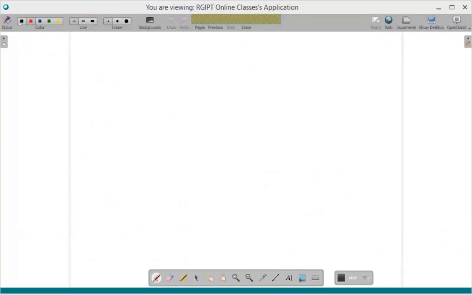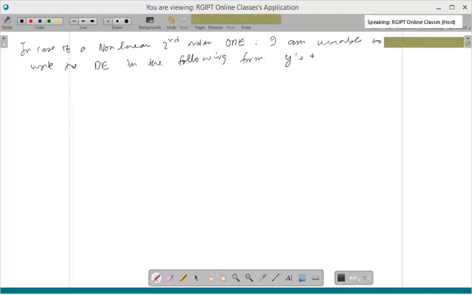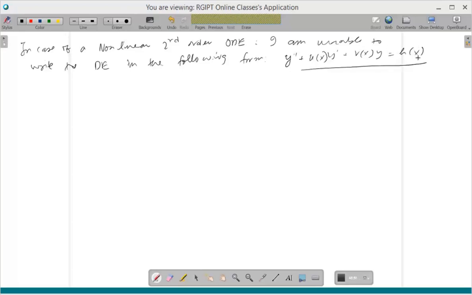So in case of a non-linear second order ODE, I am unable to write the differential equation in the following form: y double prime plus u of x y prime plus u of x y equal to h of x. This you cannot write, okay?